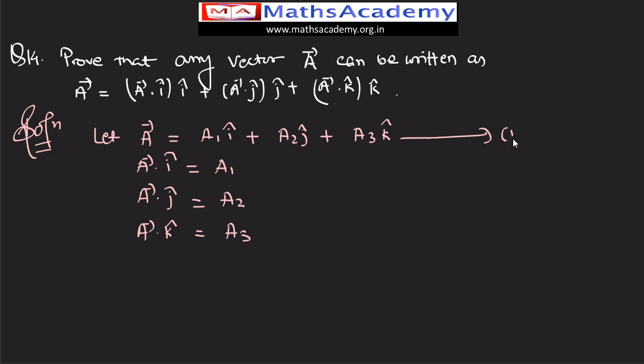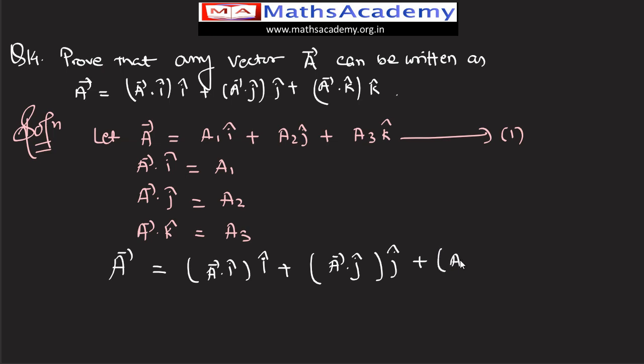Now in equation 1 I am going to replace these values. So the A vector I can write as (A vector dot i cap) multiplied with the i vector, plus (A vector dot j cap) multiplied with the j vector, plus (A vector dot k cap) multiplied with the k cap vector.